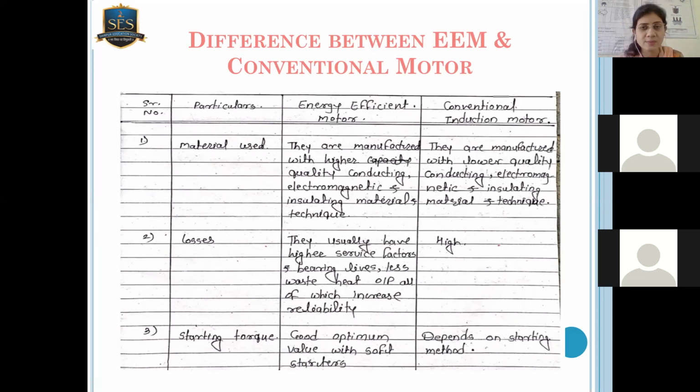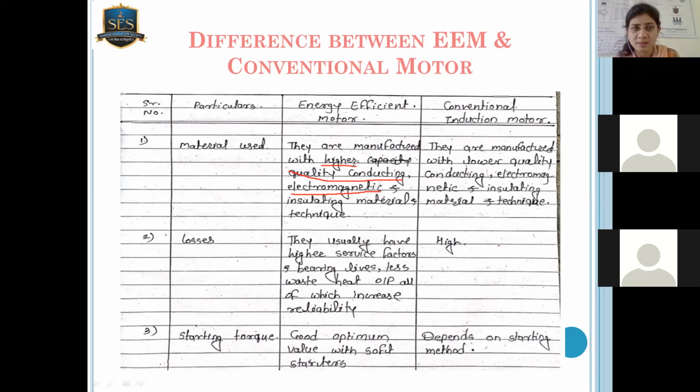In the case of energy efficient motor, high quality material is used, highly conducting material. Also, the material used has higher electromagnetic properties and insulating properties. All these properties are included in the material used for the manufacturing of the energy efficient motor. Is it clear?